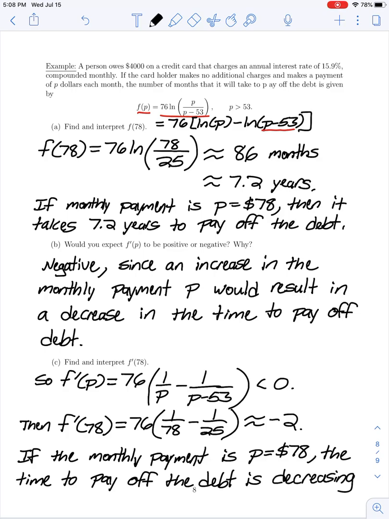Here we would say decreasing since the value of our derivative was negative 2. A negative rate of change corresponds to a decrease in this quantity at a rate of 2, where here the value is being measured in months, per, well, our function f depended on the variable p, which was in dollars, so we would say per dollar increase towards our monthly payment.